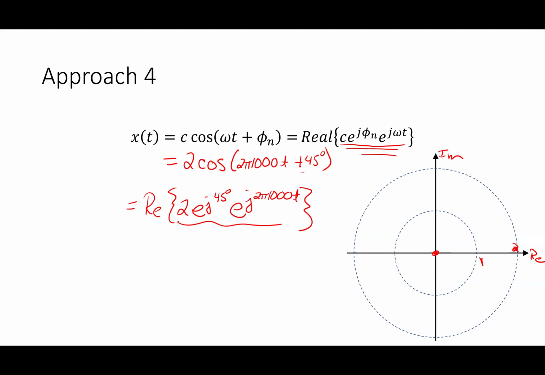So it's going to come out like this. This guy is 2 angle 45 degrees, or 2 e to the j 45 degrees. Two different ways of writing the same equivalent thing.